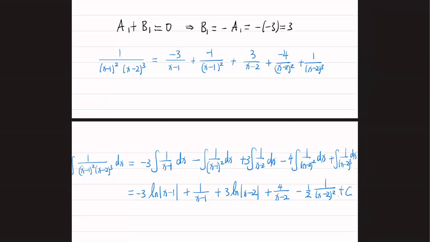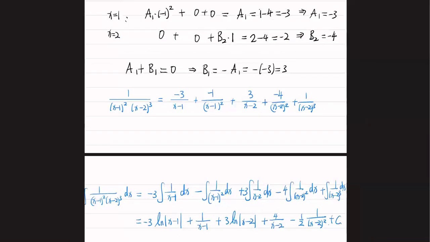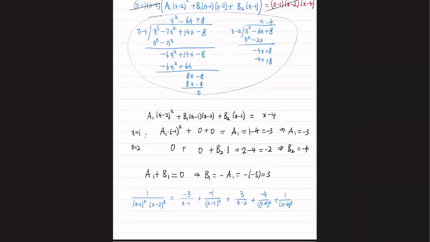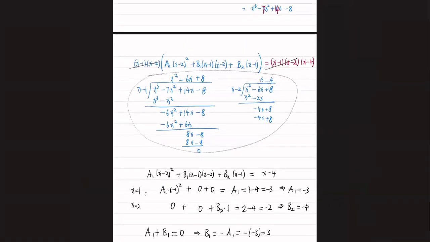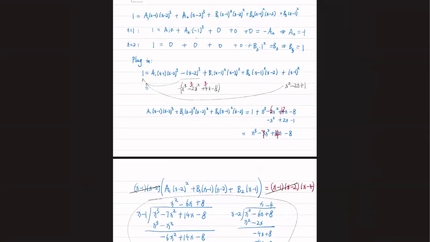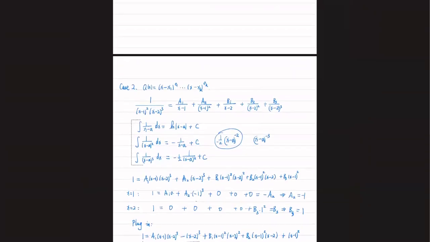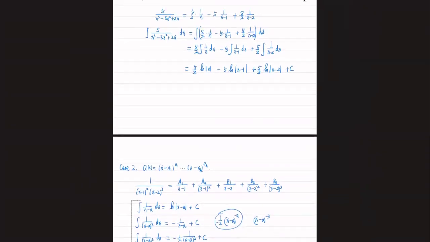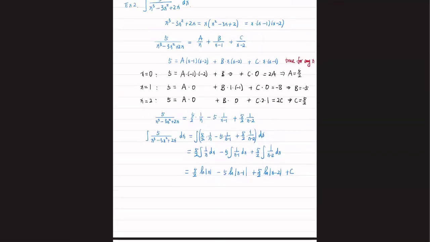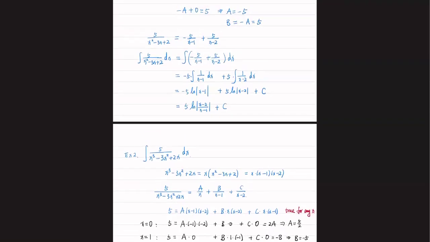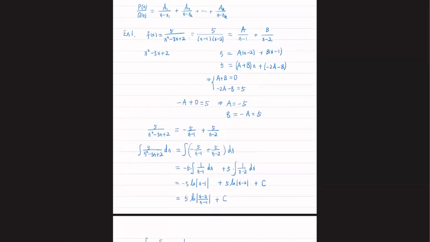Okay, so this is not an easy example. We spent a lot of time, and I made mistakes in the process. Through this process, you can see how we integrate a rational function when there are repeated roots.